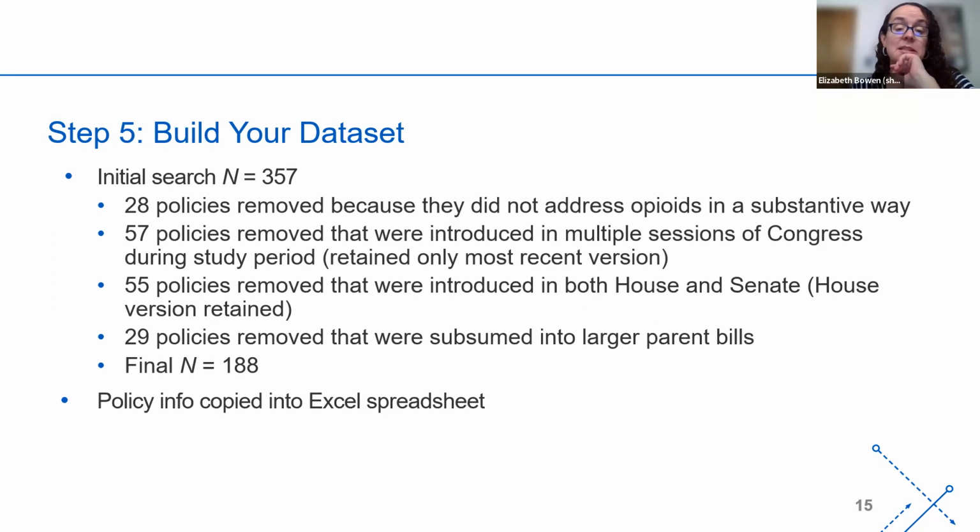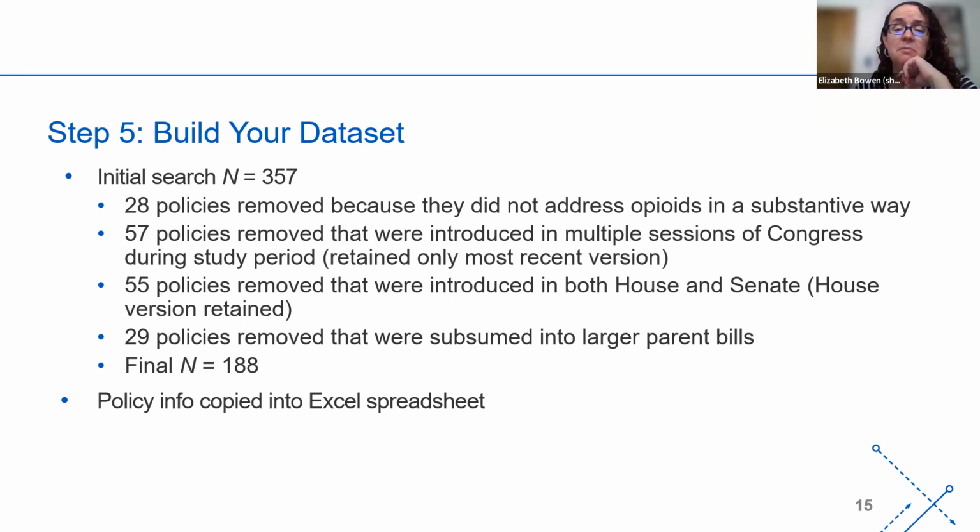Next, we found 57 that were essentially duplicates because they were introduced in multiple sessions of Congress. So in that case, we just held on to the most recent version and got rid of the rest so that we weren't coding the same thing multiple times. Next, we found 55 that were introduced in the House and the Senate at the same time. So just for consistency, we retained the House version.